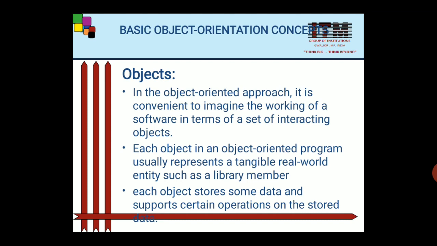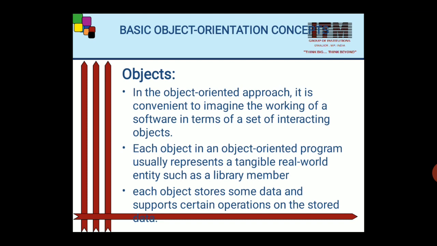In the object-oriented approach, it is convenient to imagine the working of a software in terms of a set of interacting objects. Just to give an example, for issuing a book, some registers need to be filled up, and then the return date needs to be stamped on the book.